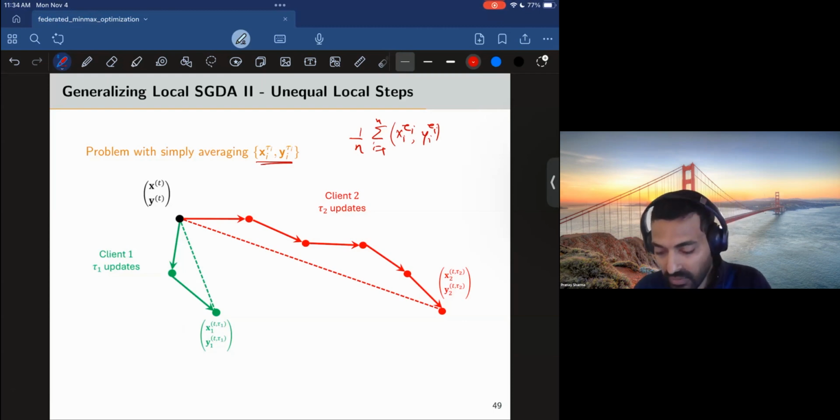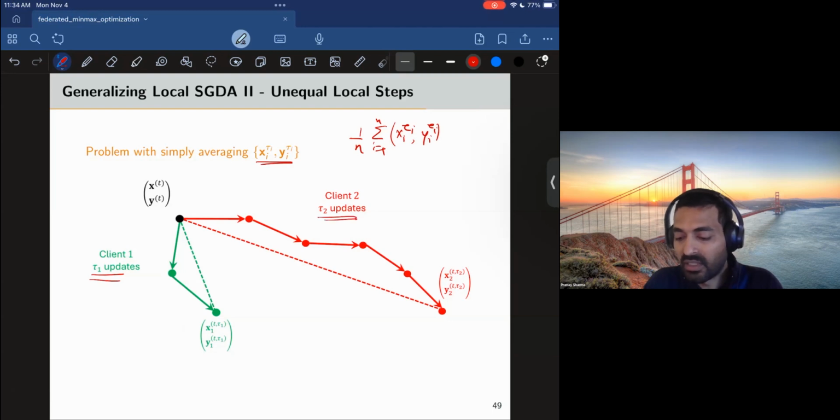Just for the sake of completeness, suppose we have two clients. Client one is carrying out tau1 updates, and client two is carrying out tau2 updates. Here, tau1 is smaller than tau2, right? So starting with the same global iterate, which the server sent to the clients, they carry out multiple local steps and arrive at these two local iterates.